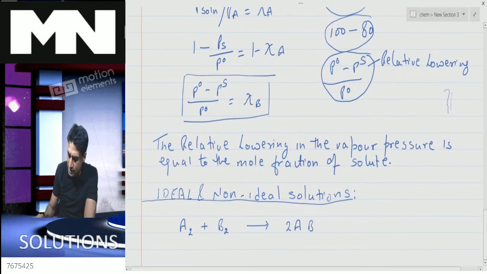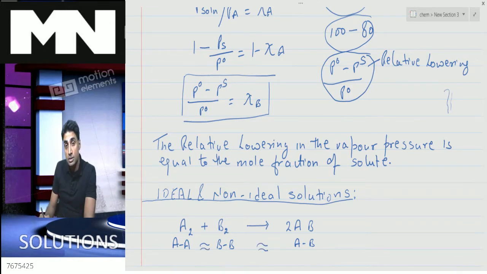Here I will see that there is a bond between A and A. Likewise, there is a bond between B and B, and there will be a bond between A and B. If the bond strength between AA and BB is nearly equal, and that is nearly equal to that between A and B, such a solution is said to be an ideal solution.